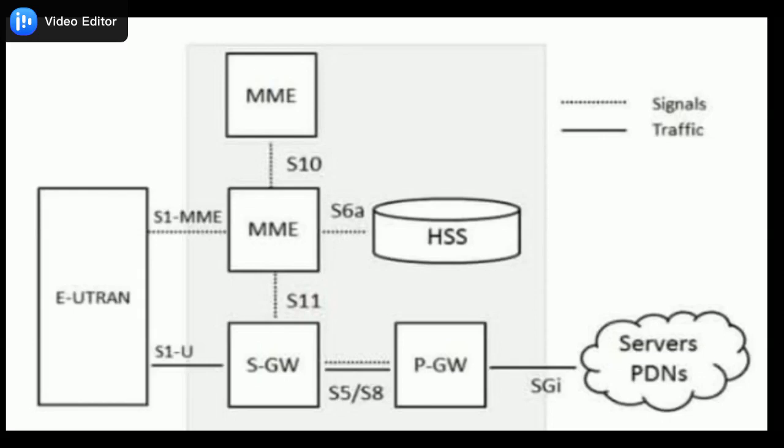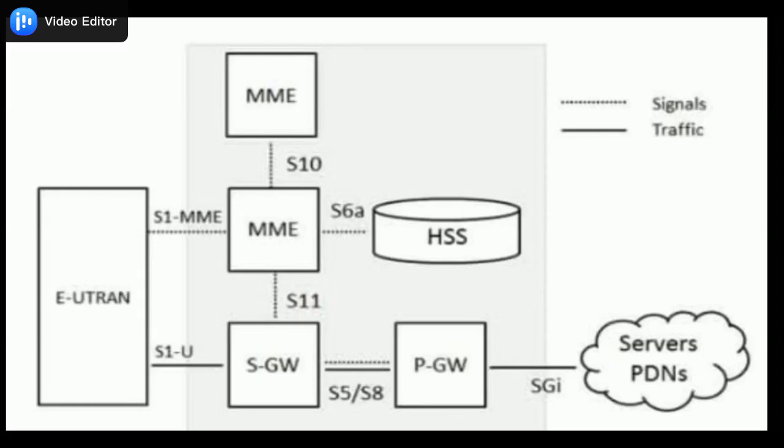Okay, now we will talk about HSS, the home subscriber server. The HSS component has been carried forward from UMTS and GSM and is a central database that contains information about all the network operators' subscribers. Now, the PDN, the Packet Data Network gateway, communicates with the outside world, for example packet data networks, PDN, using the SGi interface.